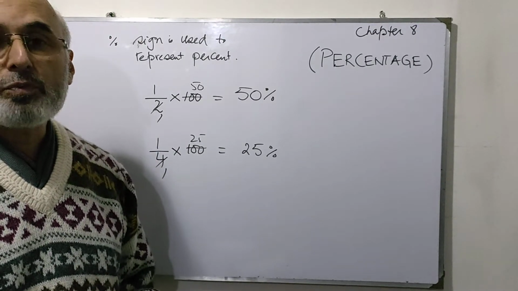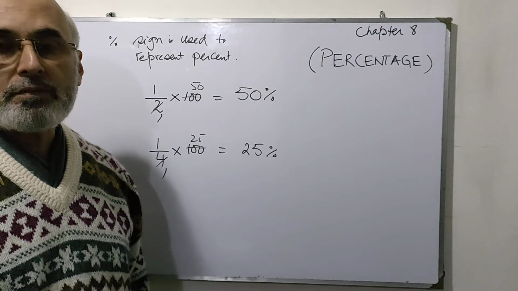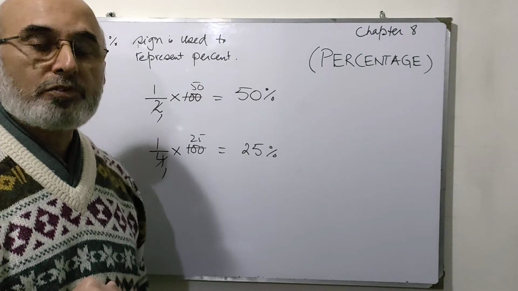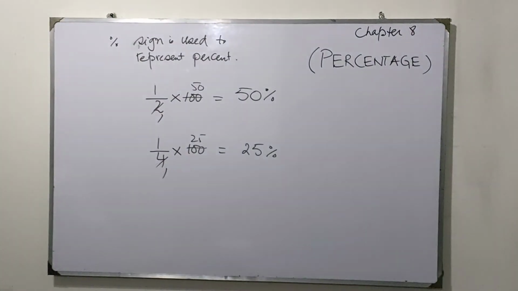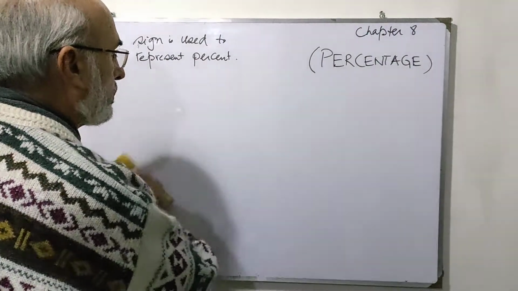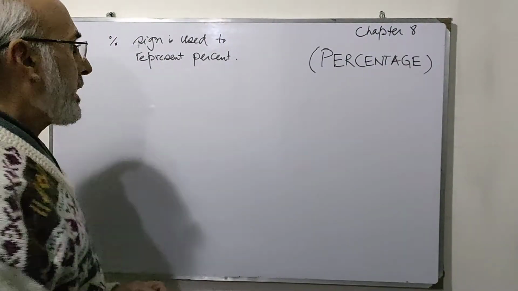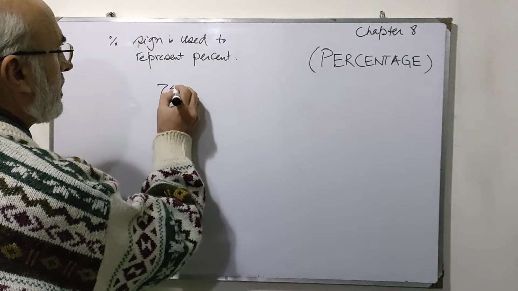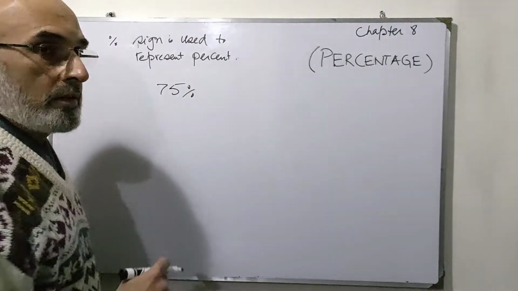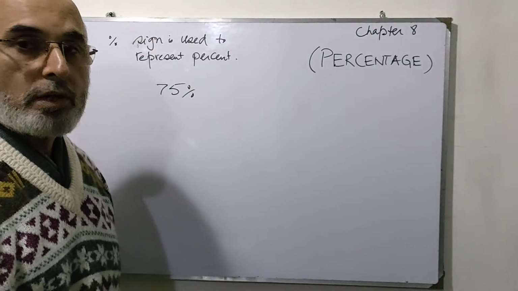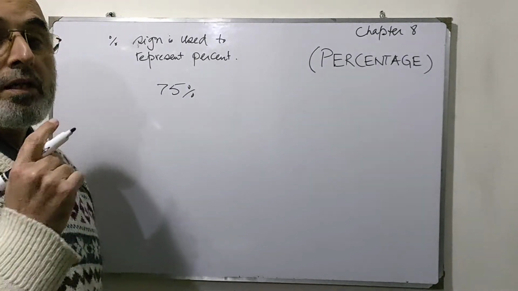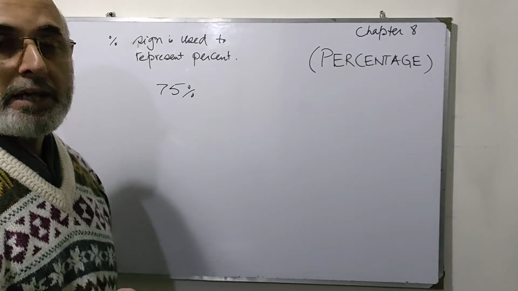Now suppose we have a percent given to us. How to convert it to a fraction? If we are given 75%, we have to convert it to a fraction. We are going to divide it by 100.